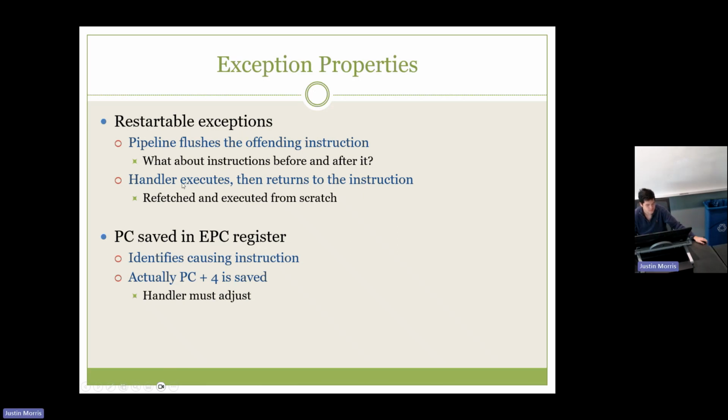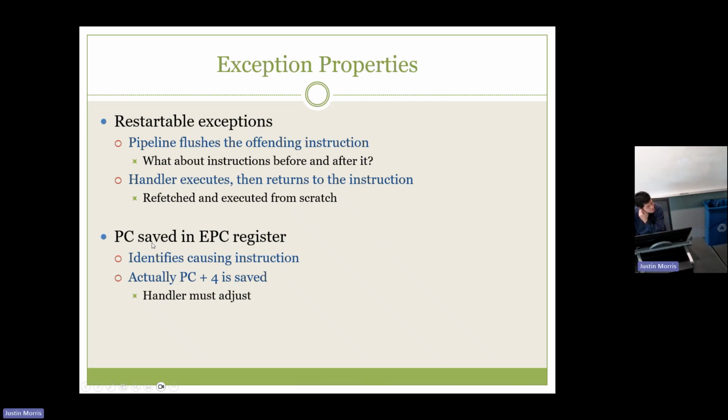So once we do that, the handler is going to execute and then return to the instruction where the exception occurred. And it's going to refetch and execute from scratch. So all of those instructions that were after it, we are going to refetch and redo as well.